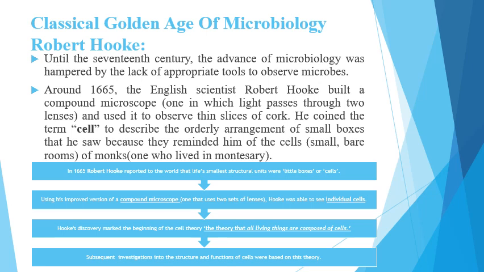Hooke stated that life is based on smaller structural units that were cells. Hooke's discovery marked the beginning of the cell theory, which proposes that all living things are composed of cells.